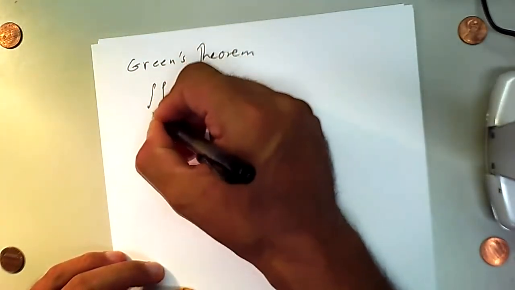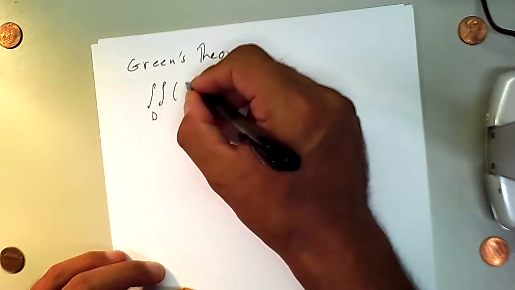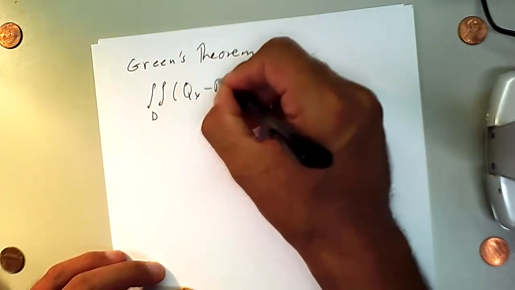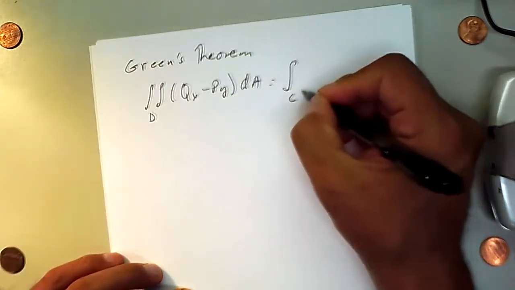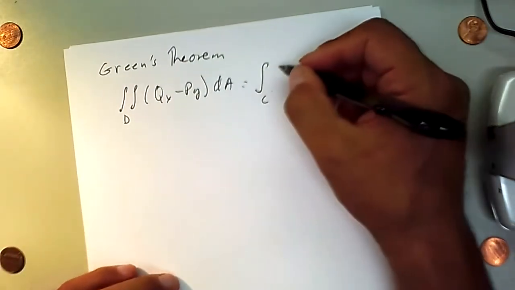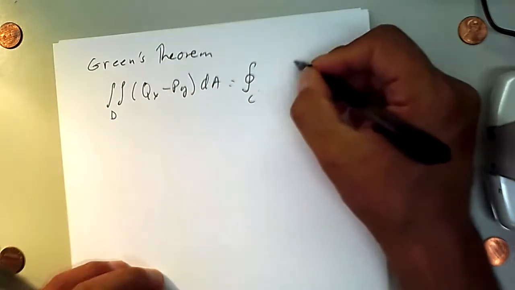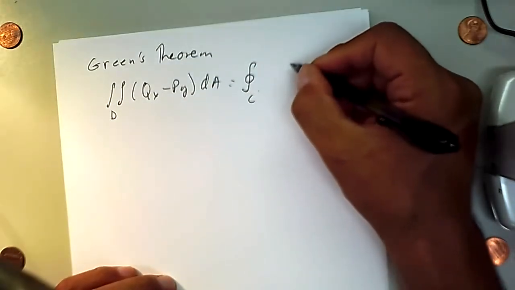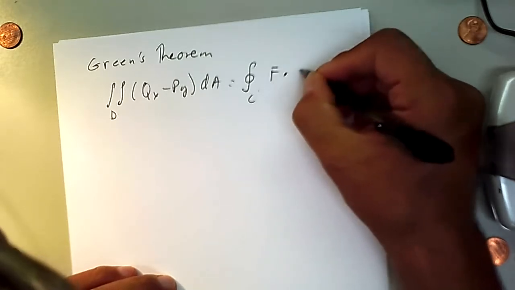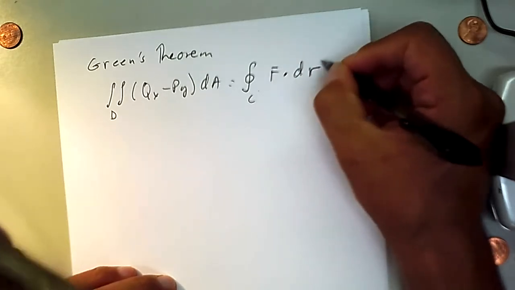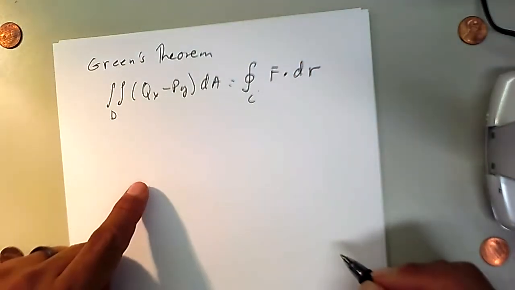Originally we have this: the double integral over D of q sub x minus p sub y with respect to the area is the closed line integral of F with respect to the path. So that is originally Green's theorem.